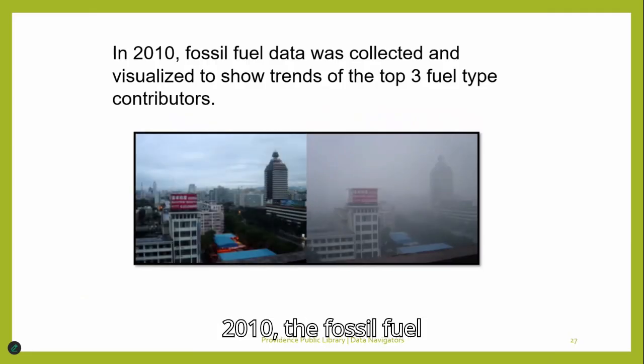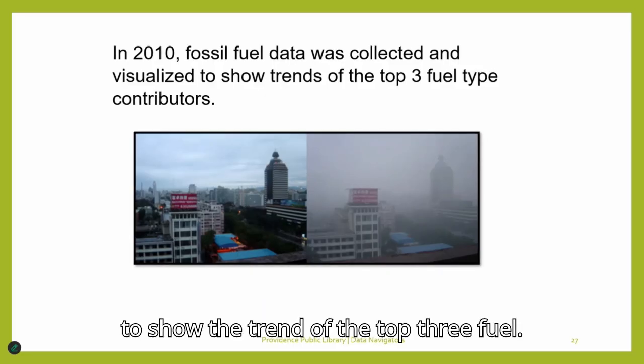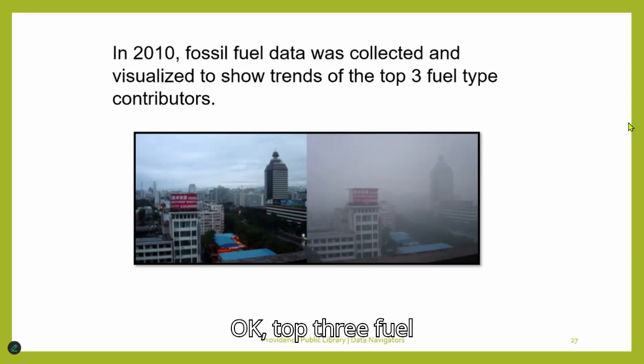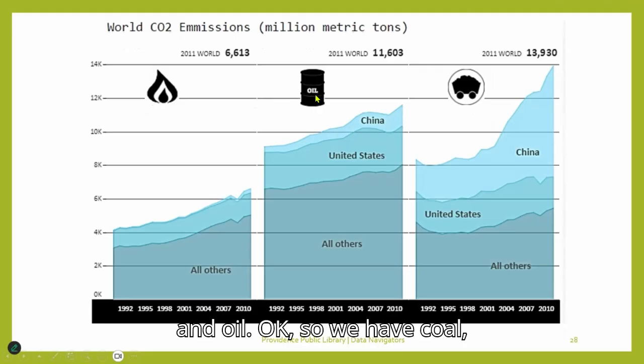In 2010, the fossil fuel data was collected and then visualized to show the trend of the top 3 fuel contributors. The fuels are coal, gas, and oil. So we have coal, oil, and gas, and then the CO2 emission from 1992 to 2010.